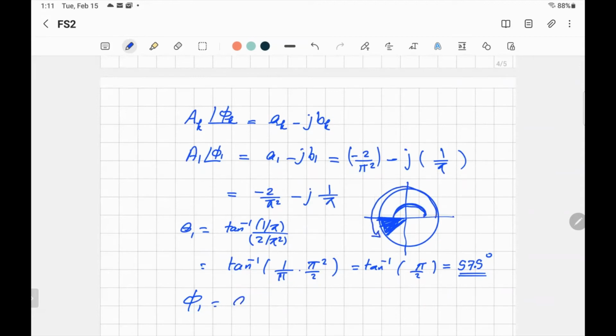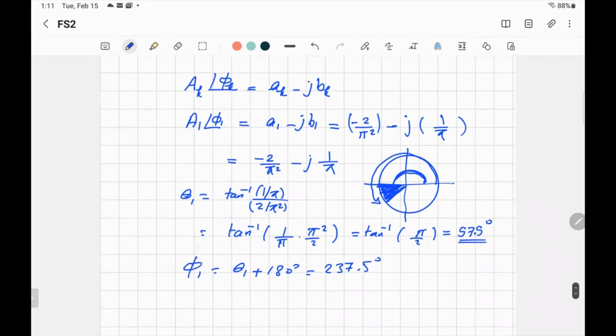That's phi equals theta 1 plus 180, which is equal to 57.5 plus 180. That's equal to 237.5 degrees.